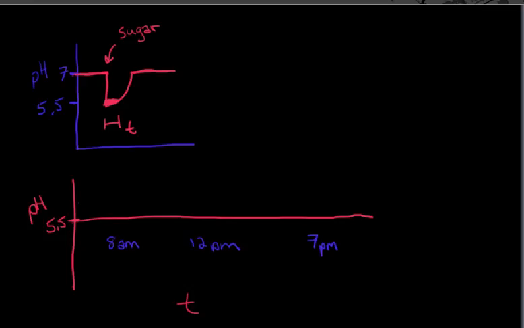Most of us go about our day, we have breakfast, and then we don't eat anything, and then we'll have lunch, and then we go through our day, and then we'll have dinner. And so we have these 3 spikes for plaque that's formed, or plaque that's resting on the teeth.